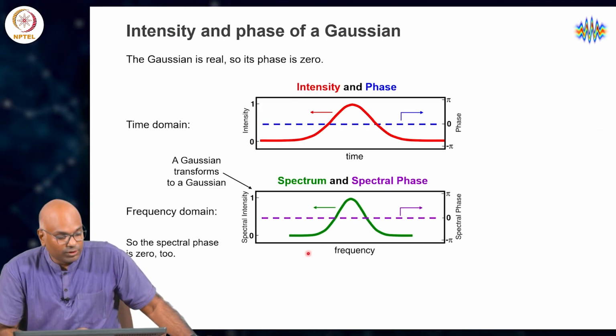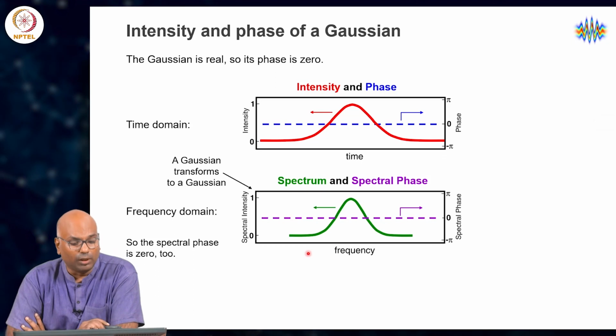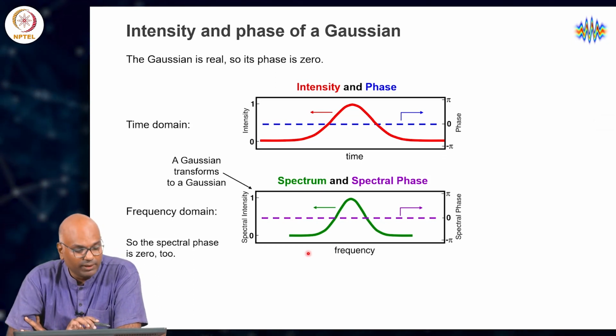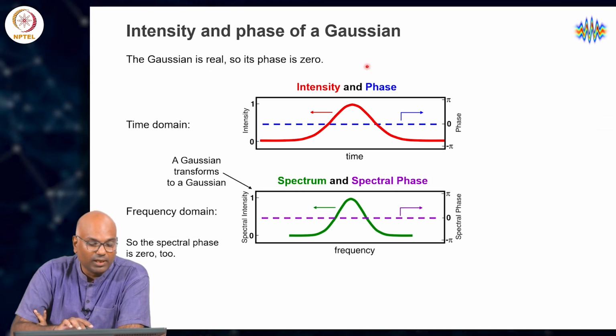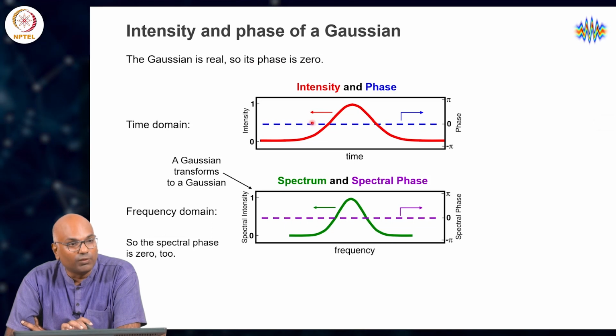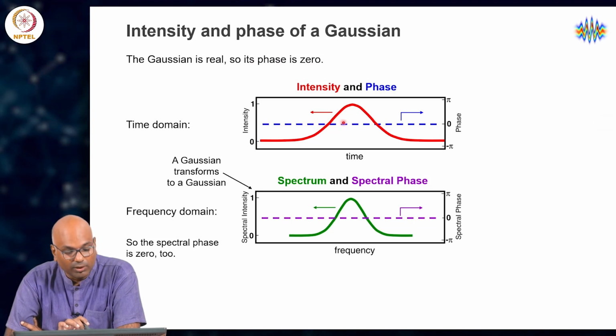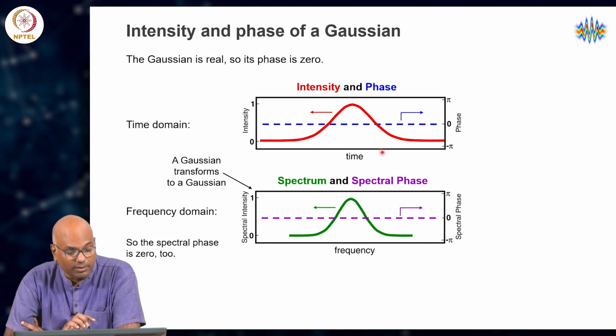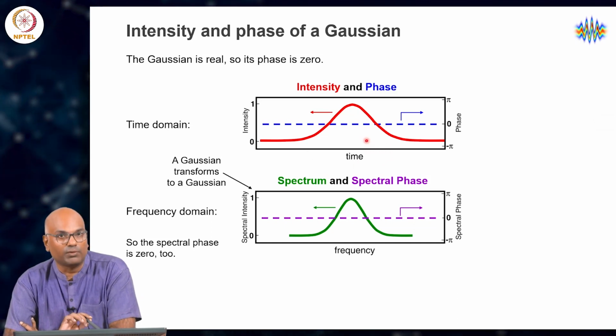Okay. We also looked at a Gaussian pulse, which is a simple idealized pulse where the Gaussian is real and its phase is essentially 0. That is, phi of t was in this case identically 0 across all time. That is the description of the pulse. This is the pulse we have chosen.